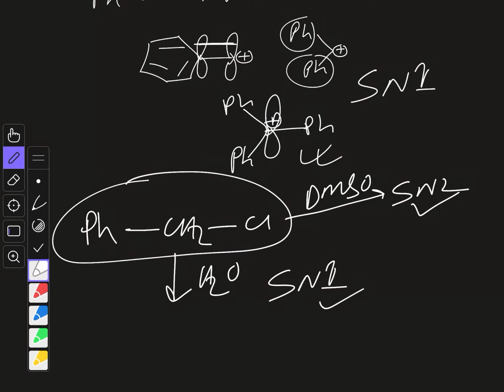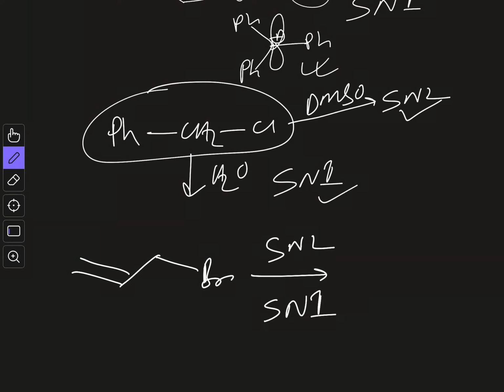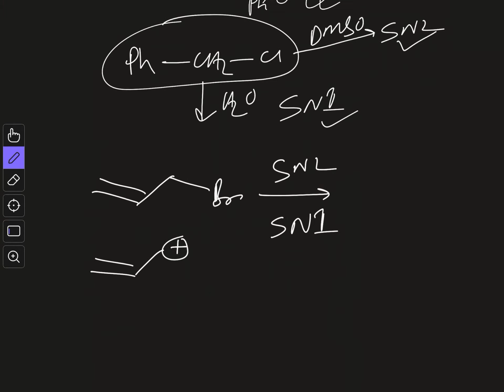But the question is why it is showing a faster rate in SN1 reaction. Before discussing that, another substrate you have to consider is the allylic substrate. Let's say allylic bromide. It again shows a very high rate in both SN2 and SN1 reactions. In the case of the SN1 reaction, you can see this is an allyl cation, and I discussed in my videos on delocalization and energy-lowering conjugation that the allyl cation is very stable due to this conjugation.